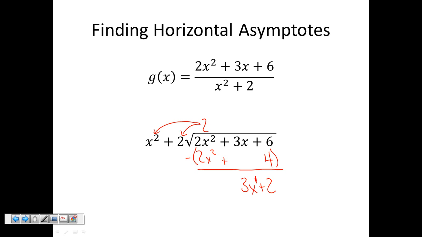Now, what I have right here, it only took me one step to actually find it, is that a value. So I know that this function has a horizontal asymptote at y equals 2. Didn't even take me that long to figure out.